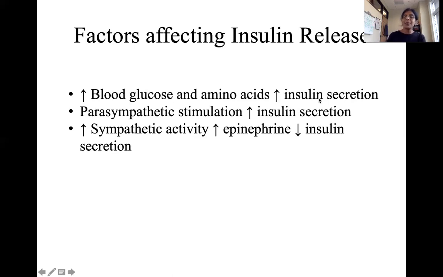Okay, now the opposite of this effect is sympathetic activation. If the sympathetic system is activated above and beyond normal, that's when you have epinephrine released, and epinephrine inhibits the release of insulin. It makes sense when you think about when the sympathetic activation is increased.